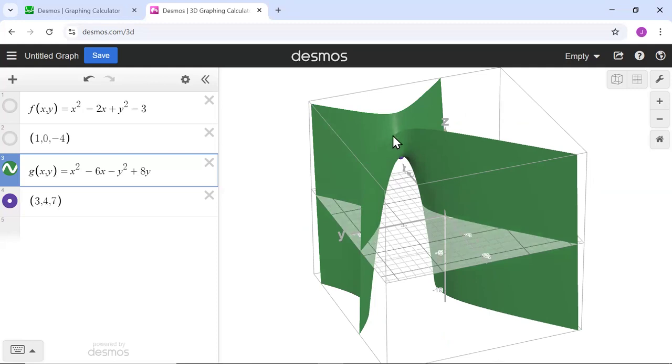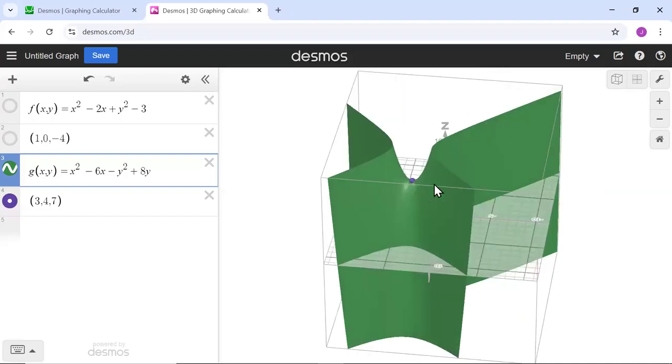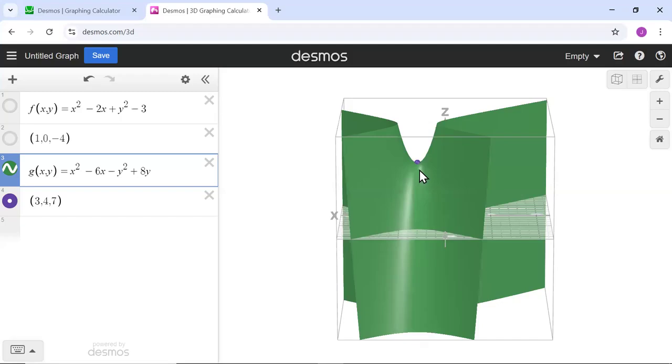And then you would be facing this front direction towards X. And the part in front of you and behind you would be going up.